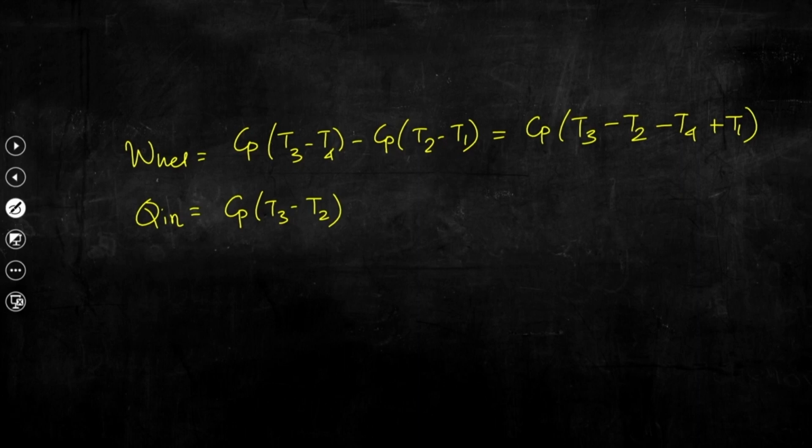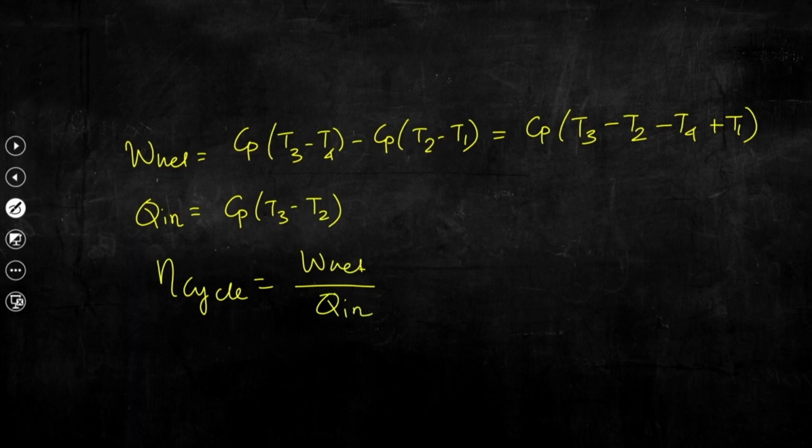Now, for a given heat input, that is the addition of energy to the cycle through the combustion process, we are getting W net. So, can we figure out what would be the value of Rp optimum for which this W net would be maximum? Eta cycle equals W net by Q in.